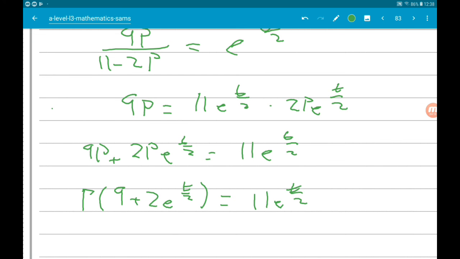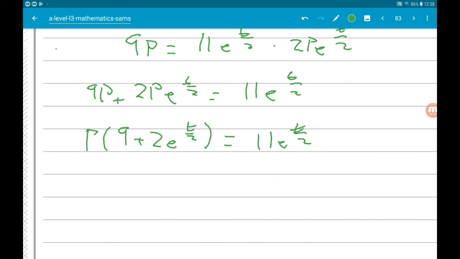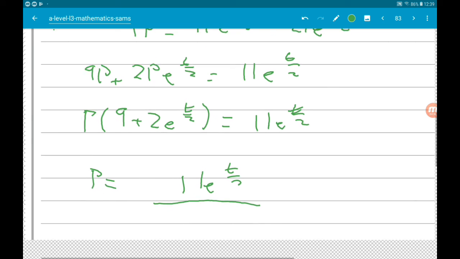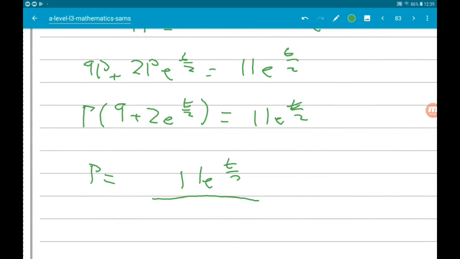Divide by the bracket, p is equal to 11 e to the t over 2 over 9 add 2 e to the t over 2.